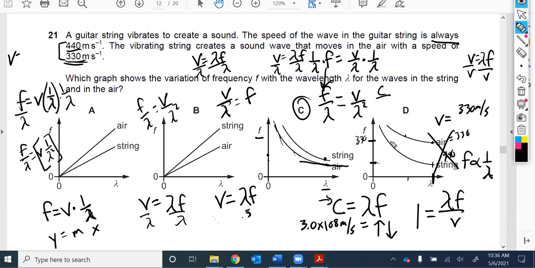This one just looks like it starts sharp and this one just kind of flattens out more quickly. Well, why would it do that? And why could air be up here? But if we said for a given wavelength multiplied by a frequency, we get a value for the string, which is always 440 meters per second, right? So this value, whatever it is, times this value is 440. Let's say it's 440 meters times 1 reciprocal second.